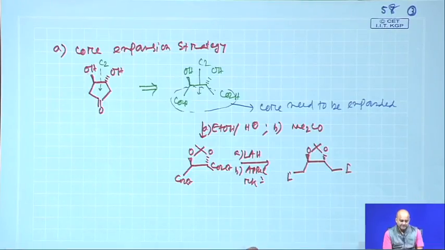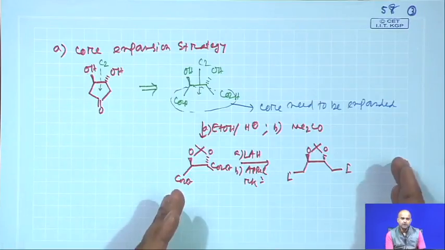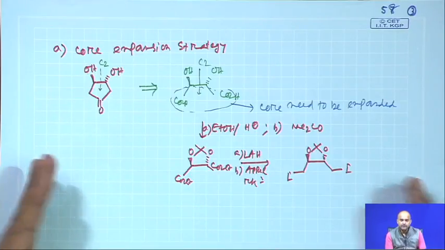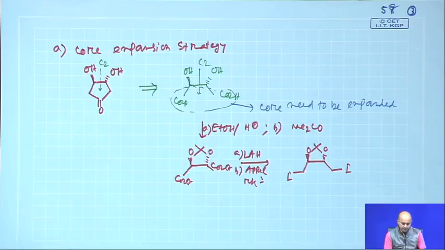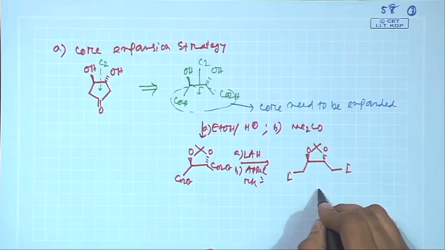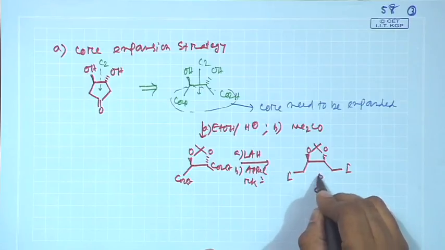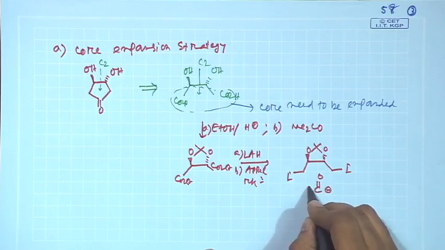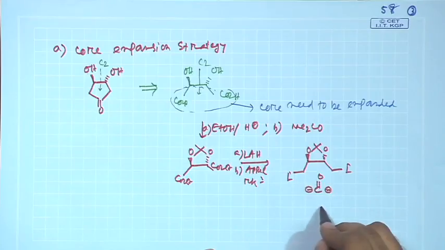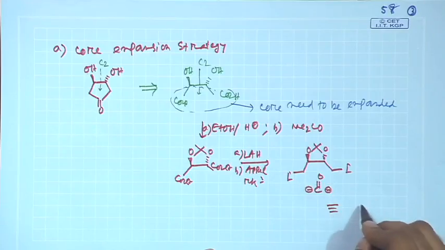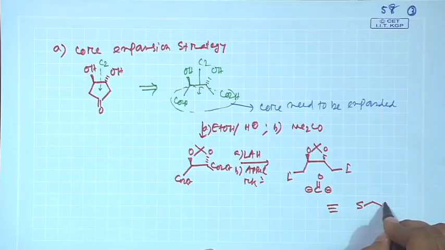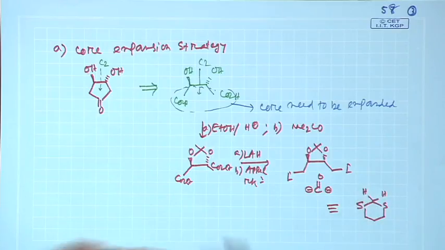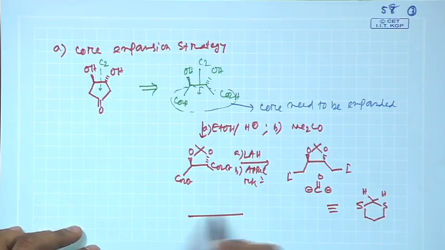Now, in core expansion strategies, the left half and right half are reacted in the same way. I mean, you expand both ways, and then you react with a d1 synthon, 2 d1 synthons. Now, this d1 synthon you can easily generate from formaldehyde dithiane.